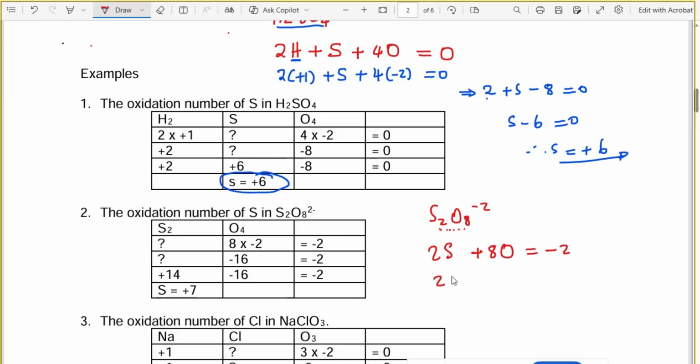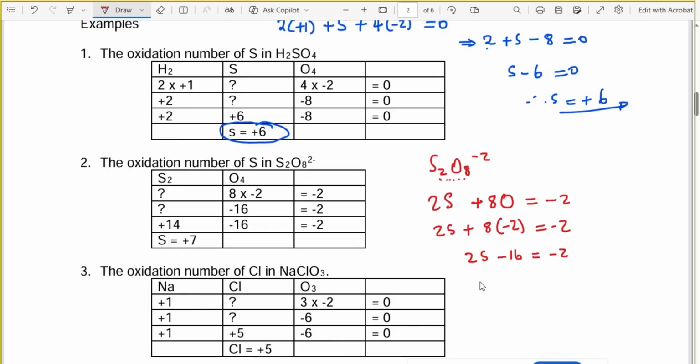So I'll just leave that as 2S plus, we said oxygen is always minus 2. So oxygen is minus 2, it's equal to minus 2. Solving for S, I have 2S, this is minus 16, equals minus 2. So the minus 16 will go to the other side to be positive 16.